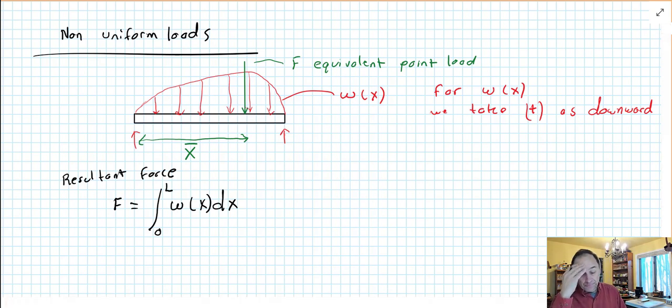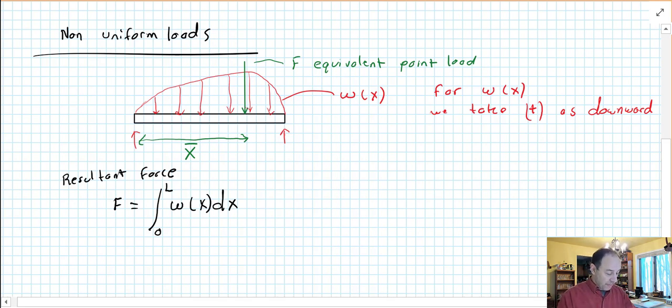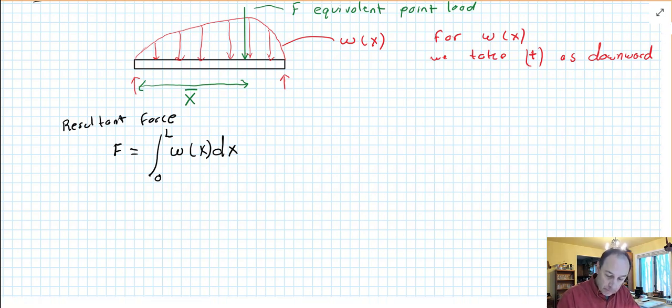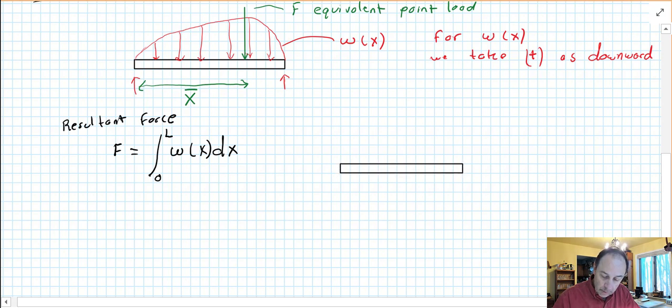All right, now, if you have W as a function of X, that's great, no problem. If you don't, that means you have to break this up into little rectangles, this sort of thing. I'm going to try to resketch my function here.